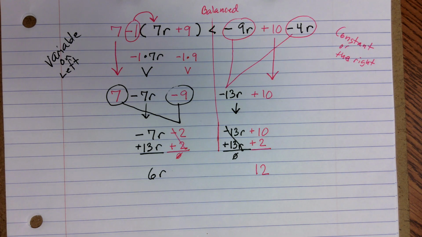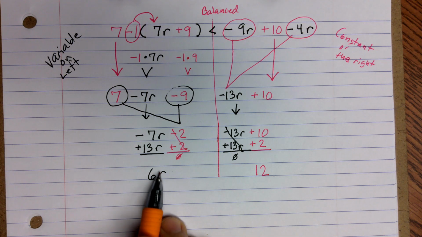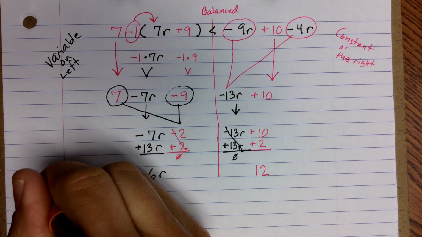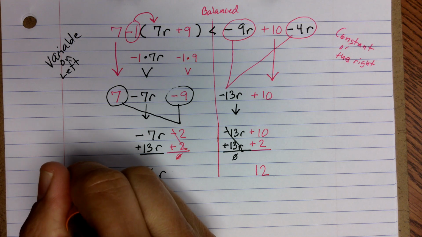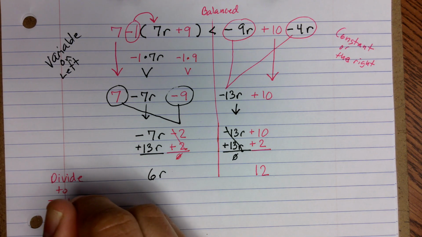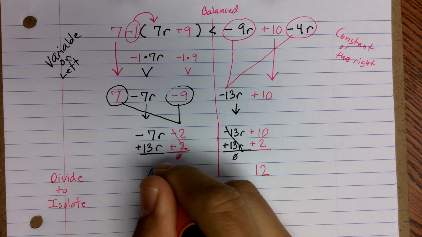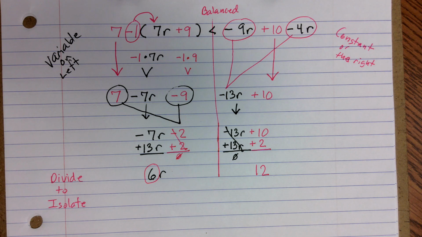And we're almost done. Our final step here is we need to isolate the variable. And to isolate it, we have to divide by that coefficient of 6, because we don't want 6 r's, we want 1 r. So I'm going to put right here, divide to isolate. Whatever number's in front of the variable, you're just going to divide it out.